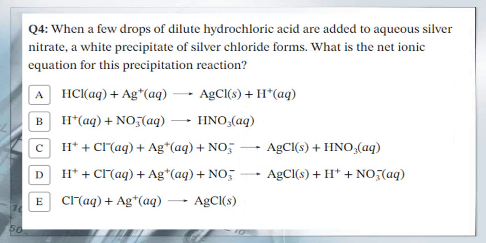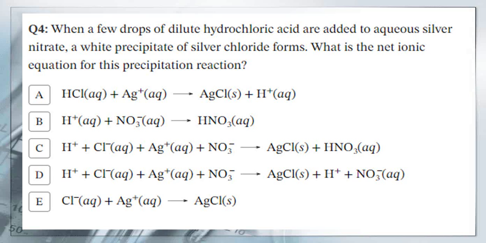Question number 4. When a few drops of dilute hydrochloric acid are added to aqueous silver nitrate, we will discuss the substances here. Hydrochloric acid aqueous, it means that we have two equations right with us, equation C and equation D. Please focus with us.